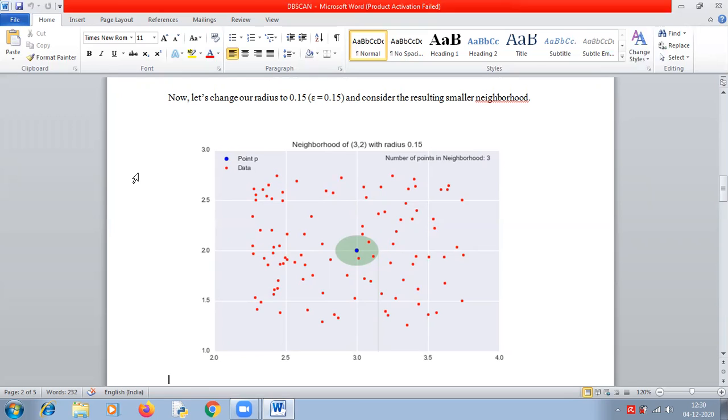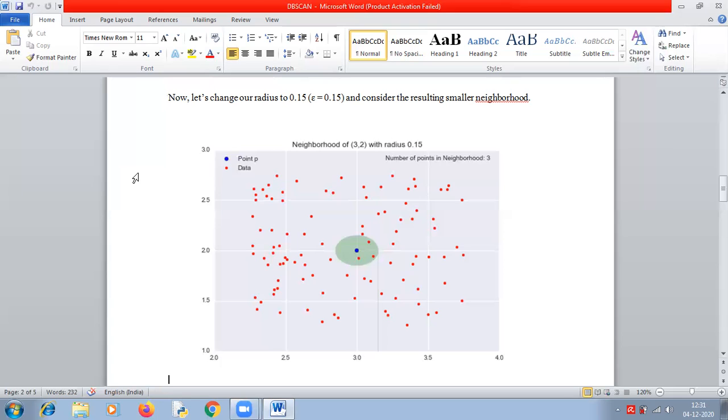Next, we will introduce the next important concept, the notion of density for a neighborhood. So let's begin. Imagine in a grade school science class, the children are taught that density equals mass divided by volume.